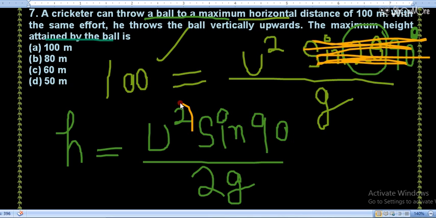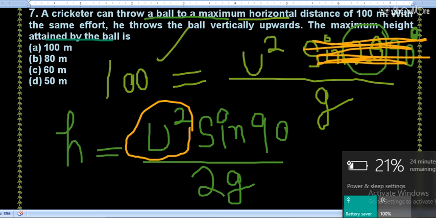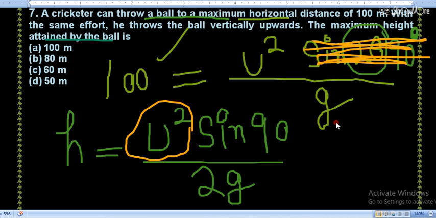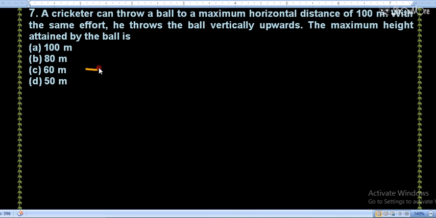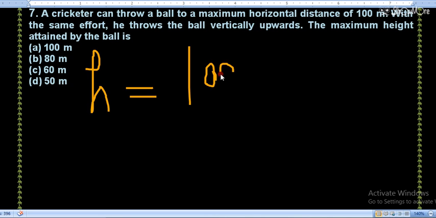So here in the second equation we have to put the value of u square. So u square will be equal to 100g. So h, the maximum height, will be equal to 100g, which is the value of u square.